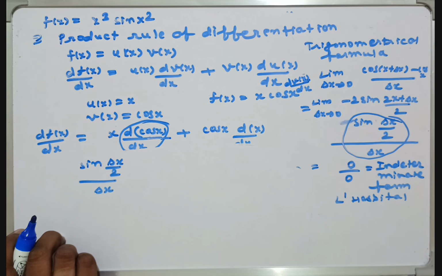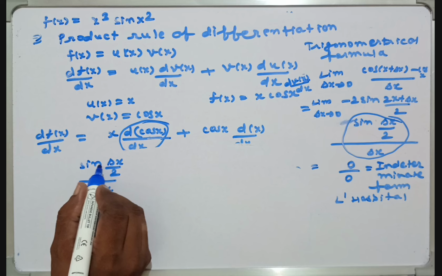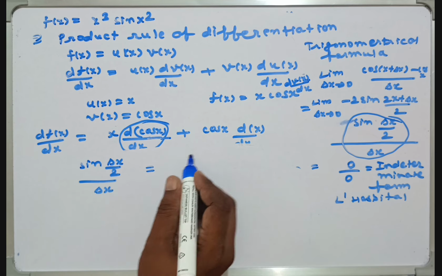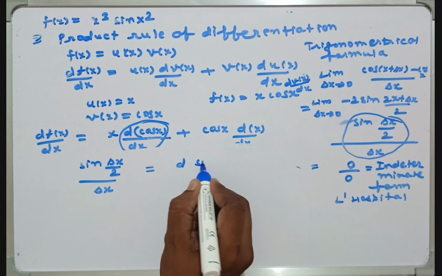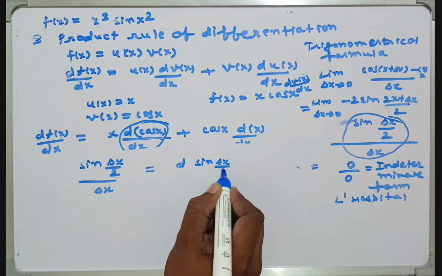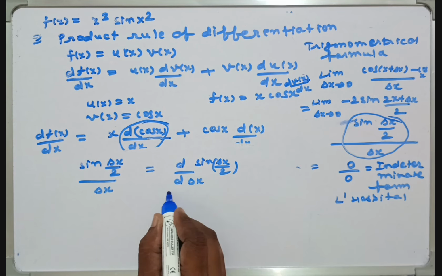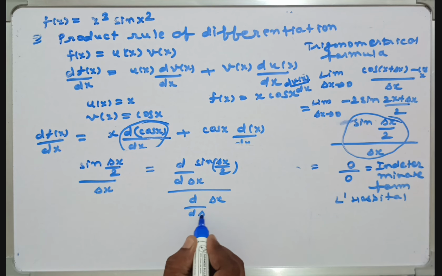So what can we write here, guys? Take the differentiation of this one separately. Okay. So what will come here? You can write it as d of sine delta x by 2, differentiation with respect to delta x, and d delta x by delta x.